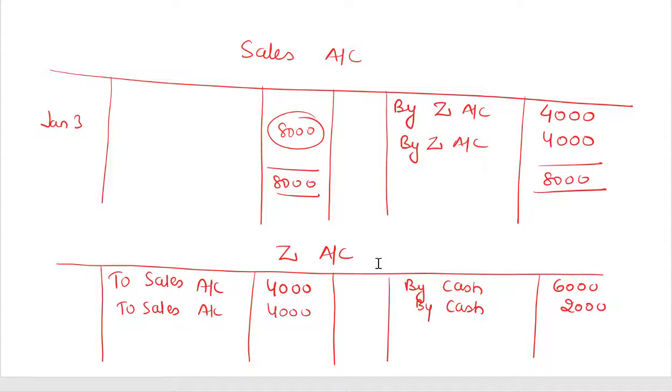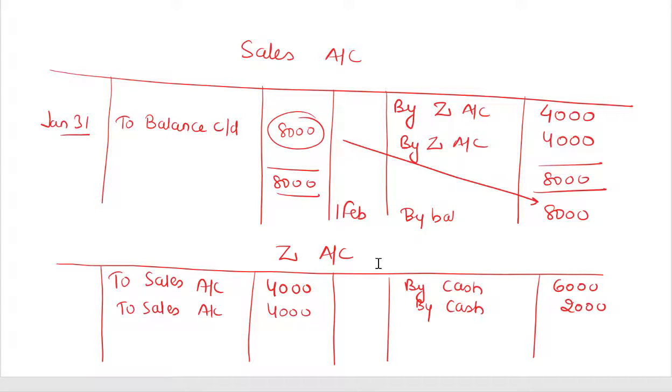The last date, that is January 31, we'll be writing to balance carried down. And this 8,000 will be shifted from here to here. The very next month, 1st Feb, the date is changing. It would be by balance brought down. This is the opening balance of sales account.